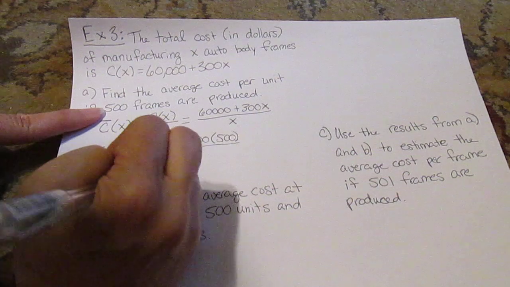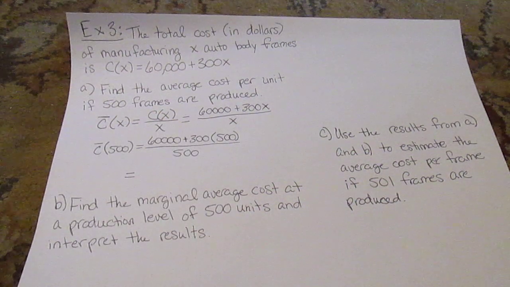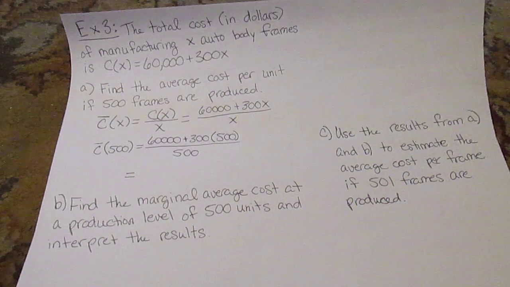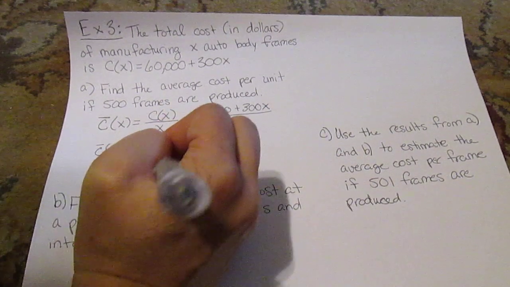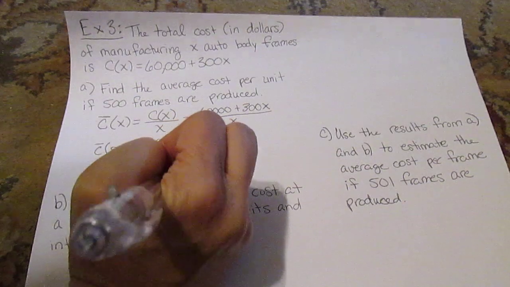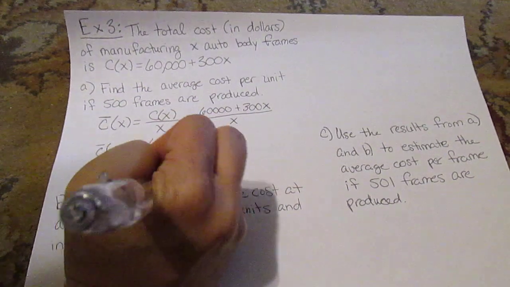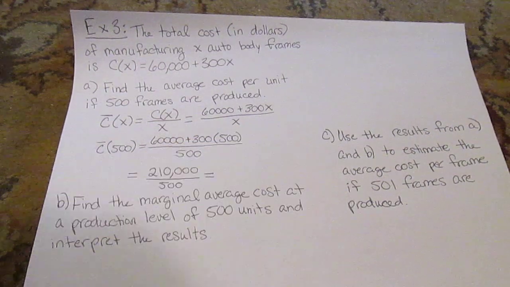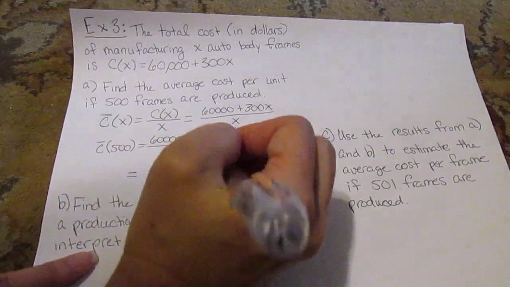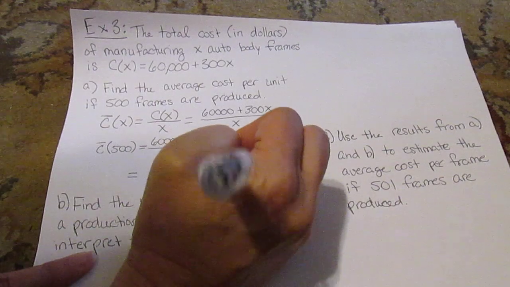I put it in my calculator already, so let me see what I got. I got 210,000 on the top, and then when I divided it by 500, I got $420.